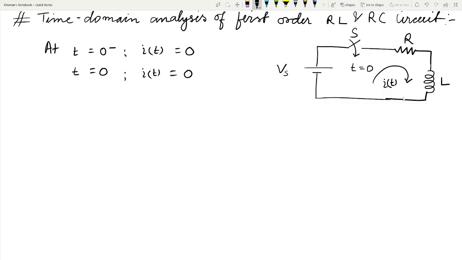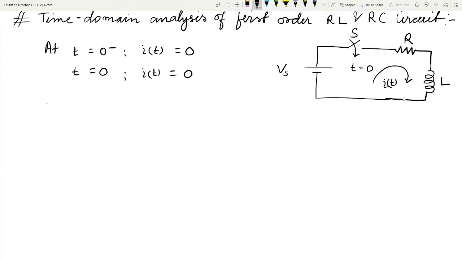From this we can also say that the current will start to flow at t equal to 0 plus.